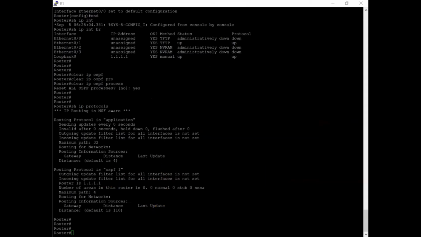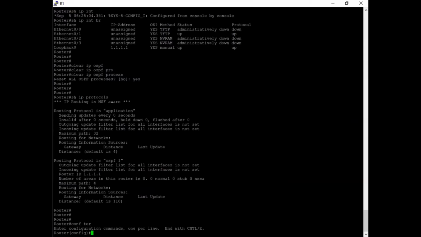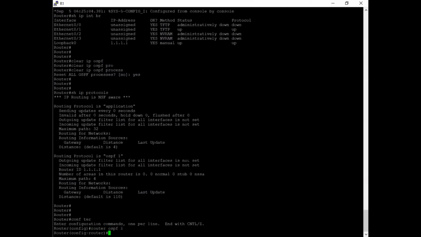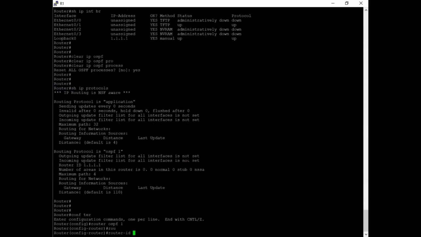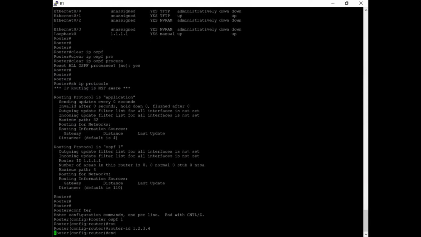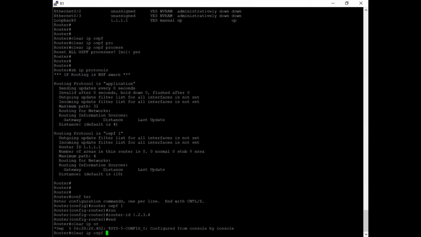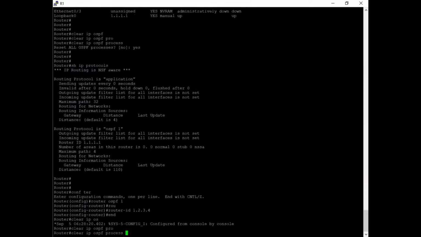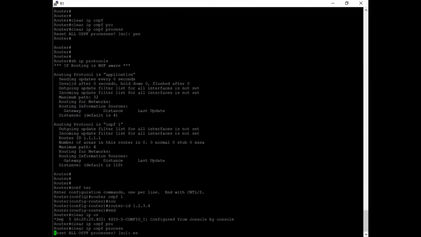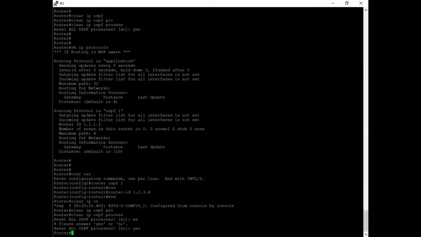So how to change the manual RID? A very simple command: go to the configuration terminal, under router OSPF 1, whatever router ID you want to give, maybe 1.2.3.4, and then clear IP OSPF process, and say yes.